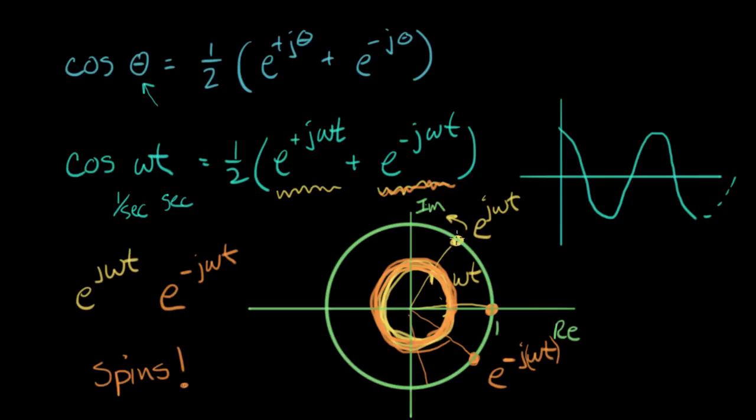They both spin in a complex space. And to represent those in mathematical notation, I need this kind of notation here, which is a little bit awkward. But as I get used to it, e to the j omega t is a spinning number. E to the minus j omega t is a spinning number. This is an amazingly powerful idea, and we'll be able to describe every signal that happens using these kinds of terms.